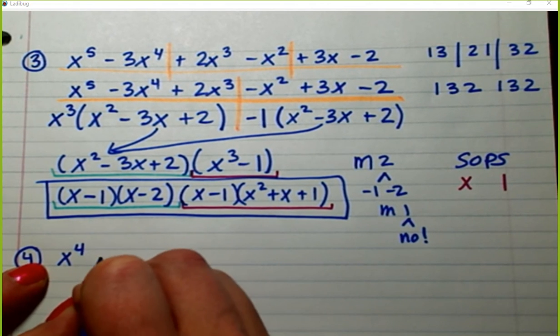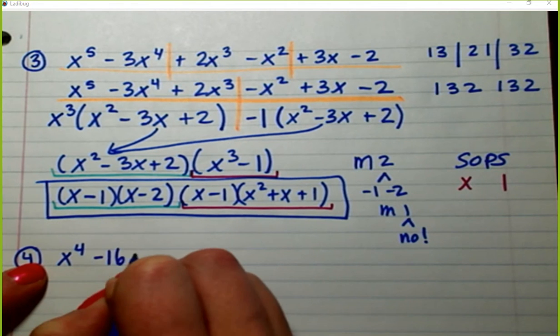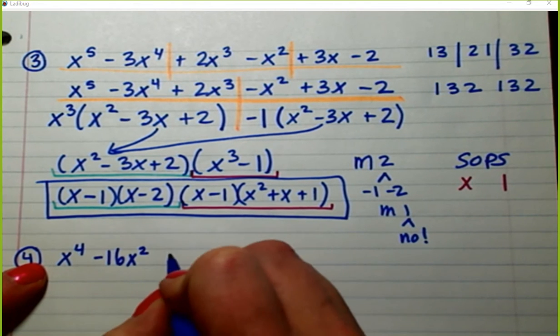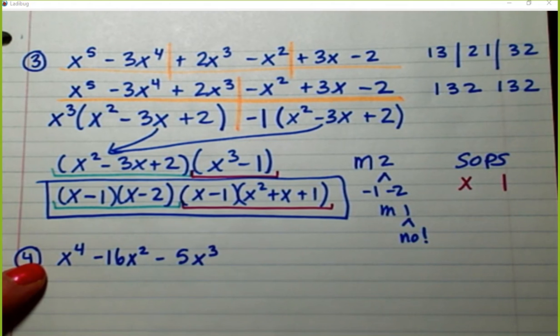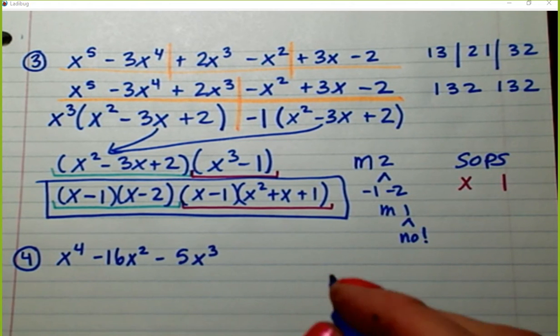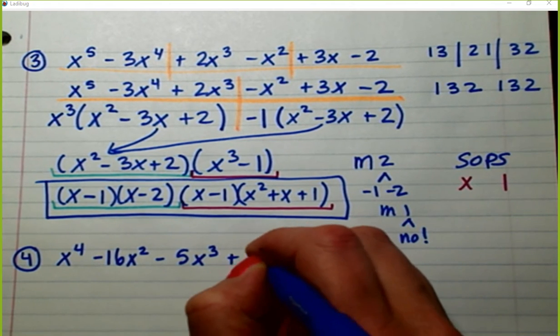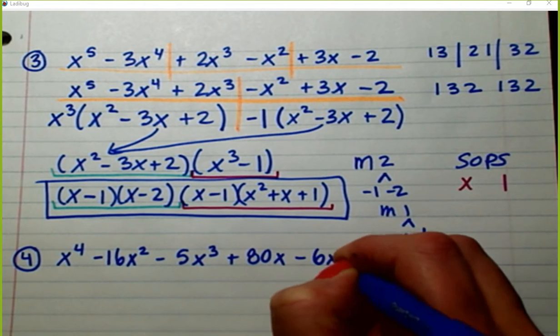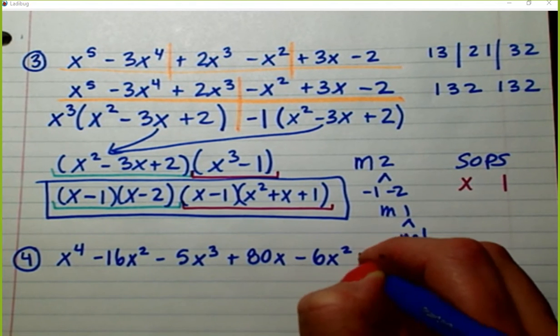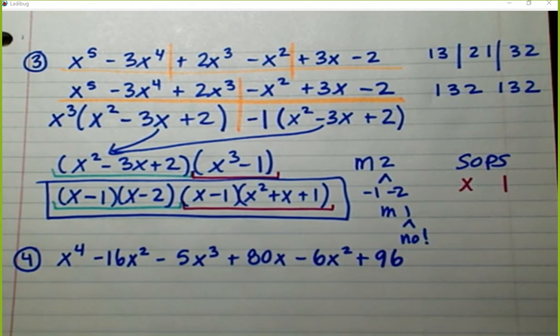Okay, 1x to the 4th, negative 16x squared, minus 5x cubed. I know it's not in order, but just go with me. Plus 80x, minus 6x squared, plus 96.